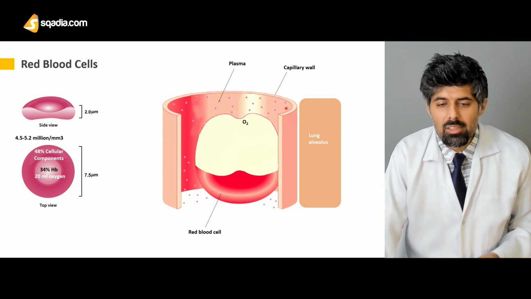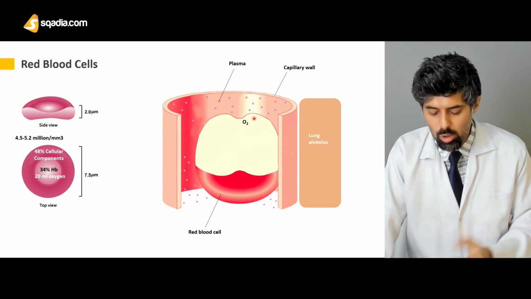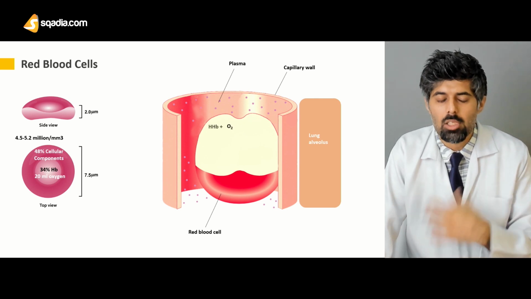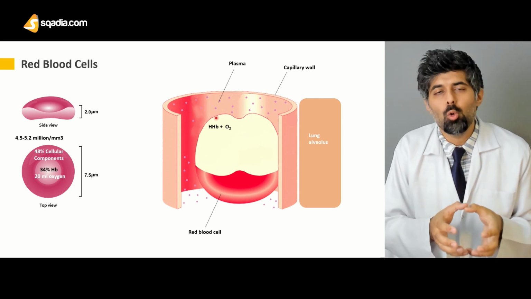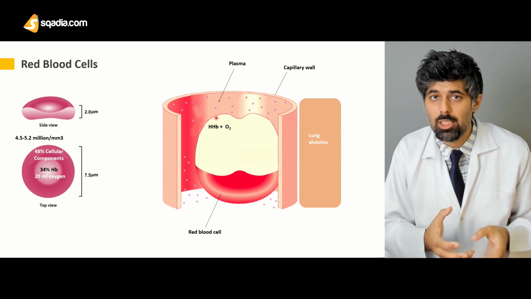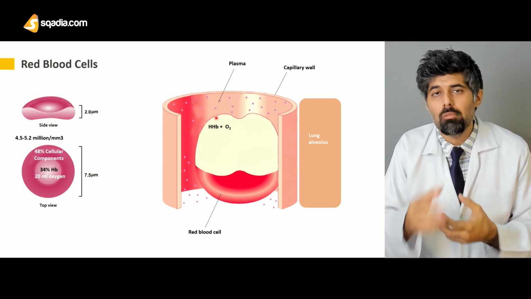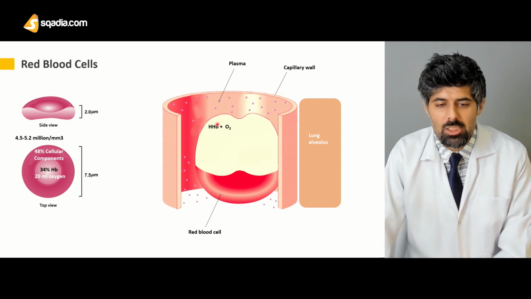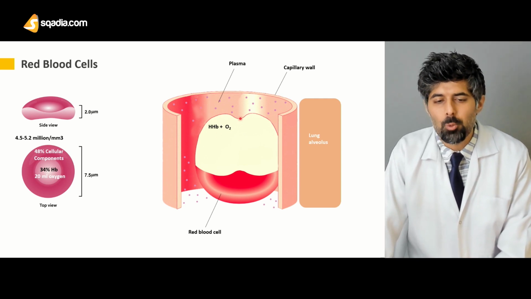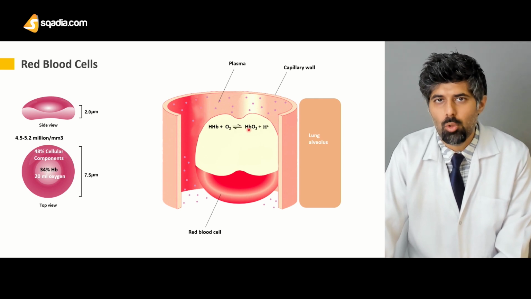Now, once it enters the RBCs, it performs a couple of functions. One of those is that it combines with hemoglobin. Hemoglobin that is deoxygenated is usually protonated, that is, combined with another proton or a hydrogen atom. When oxygen comes in contact with the protonated hemoglobin, it combines with the hemoglobin and releases the proton.